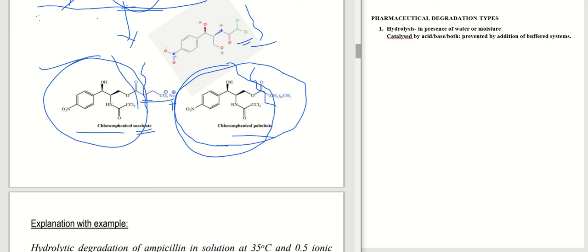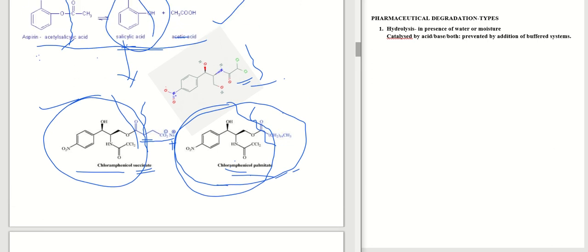Why? Because chloramphenicol palmitate protects the molecule from being exposed to hydrolytic degradation, and at the same time, when we convert chloramphenicol to palmitate, we are masking its bitter taste. So we are having two advantages.